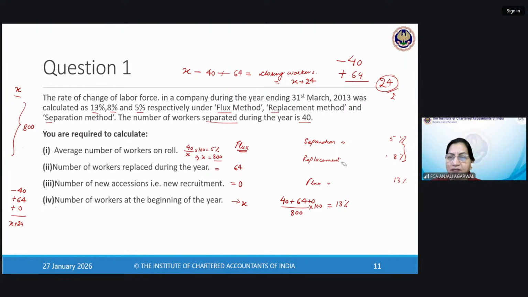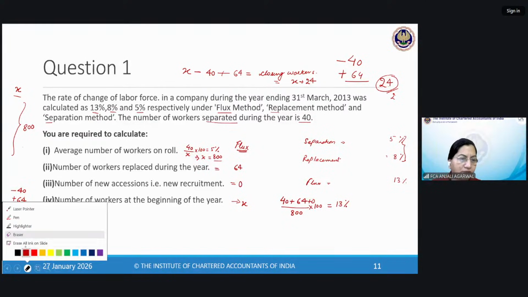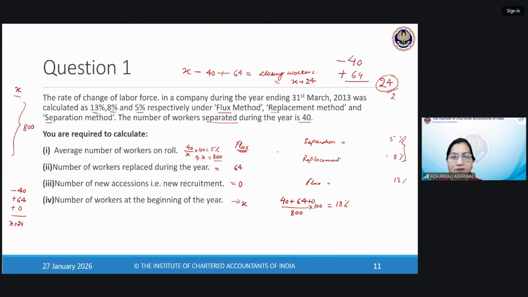Separation is 5%, replacement is 8%, and flux is 13%. And 40 workers have left. So 40 divided by x into 100 is 5. X is 800. Replacement is 8%. 8% of 800, 64 workers replaced.